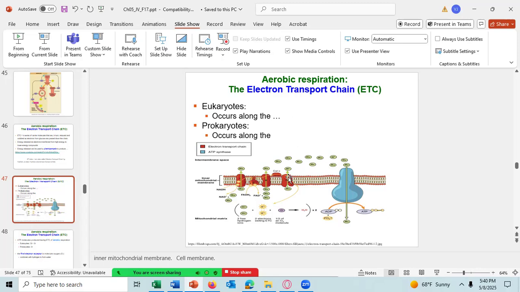And then it's called the chain because there's a chain of these proteins in a membrane. In eukaryotes, the electron transport chain is in the inner mitochondrial membrane. In prokaryotes, this chain of proteins in a membrane is the cell membrane. Any question about any of that?